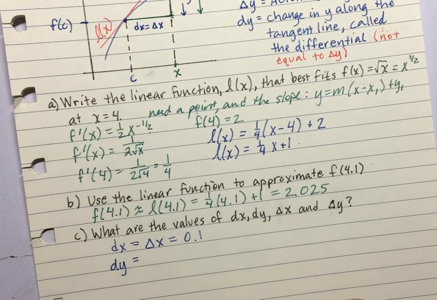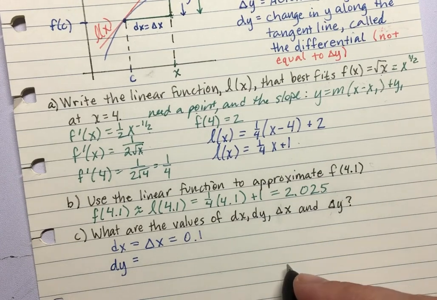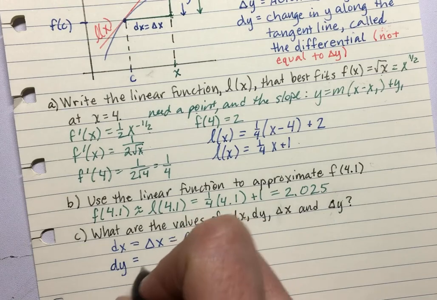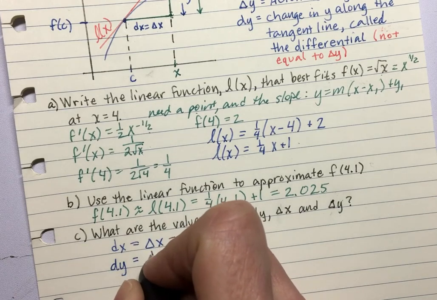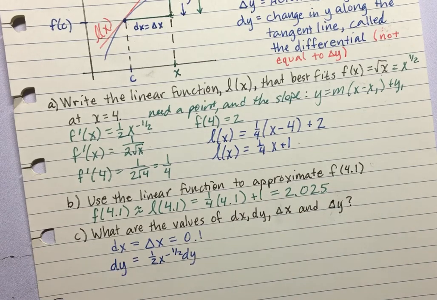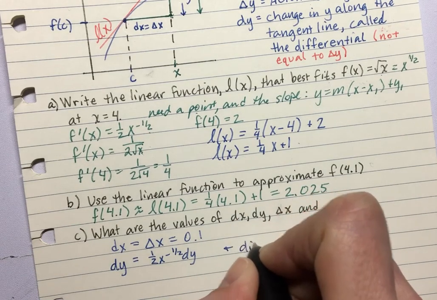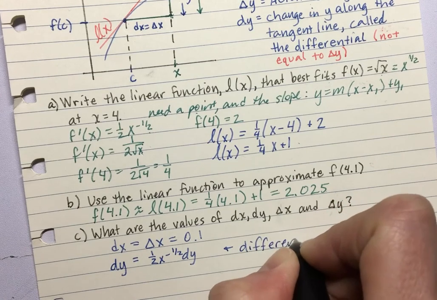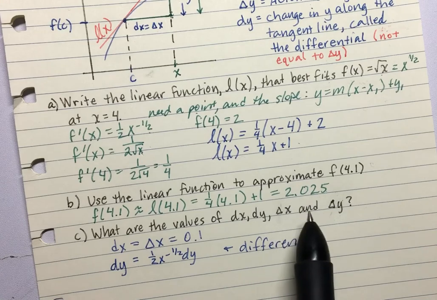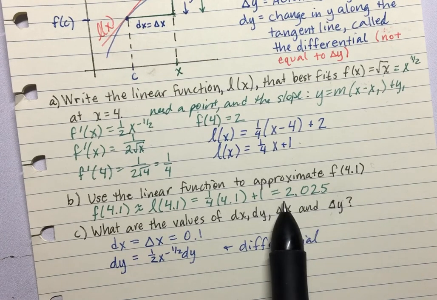We can also find this as the differential, like in the other video. The differential would be 1/2 x to the negative 1/2 dx, as shown in the other video. That's our differential again. And when we have the logic of, oh, we went from 2 to 2.025 along our tangent line, we know we get 2.025.